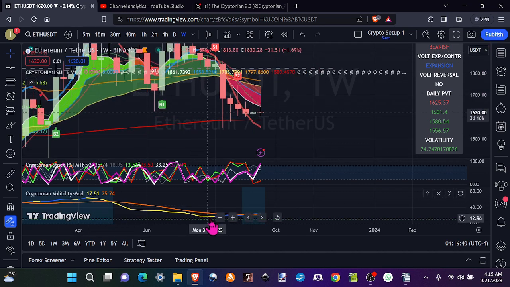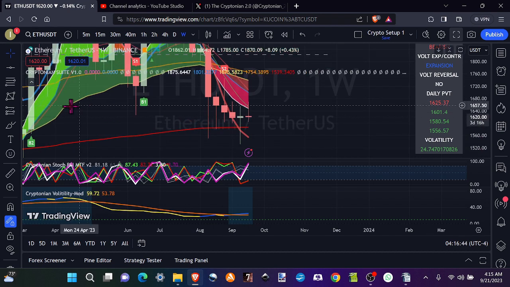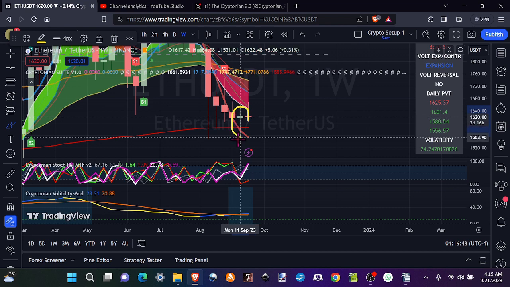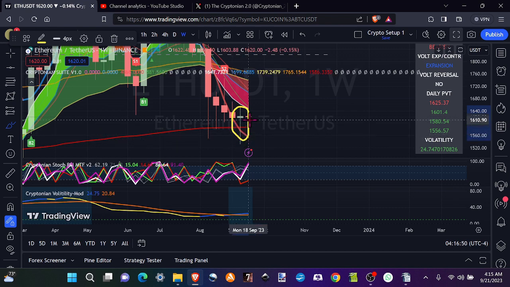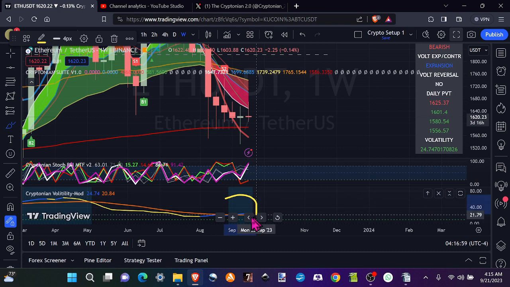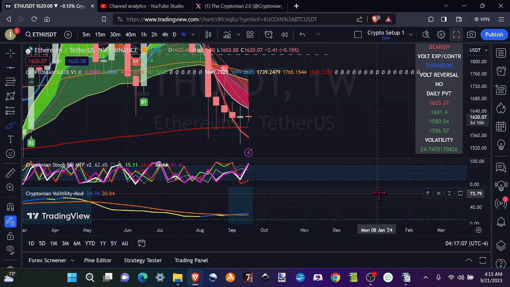When I make this larger for you, you can see here, there we go. We can see that this is a green dragonfly, or similar to a hammer. In my opinion, that shows that this is bullish, that this is actual momentum to the upside.